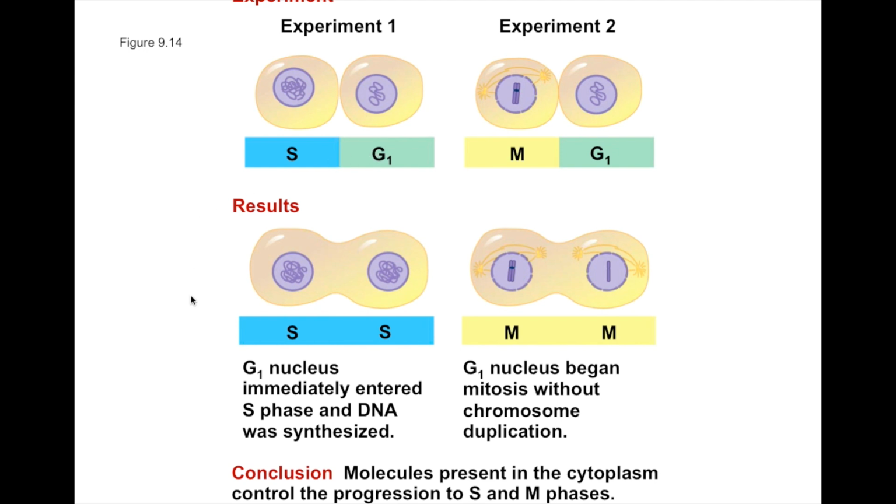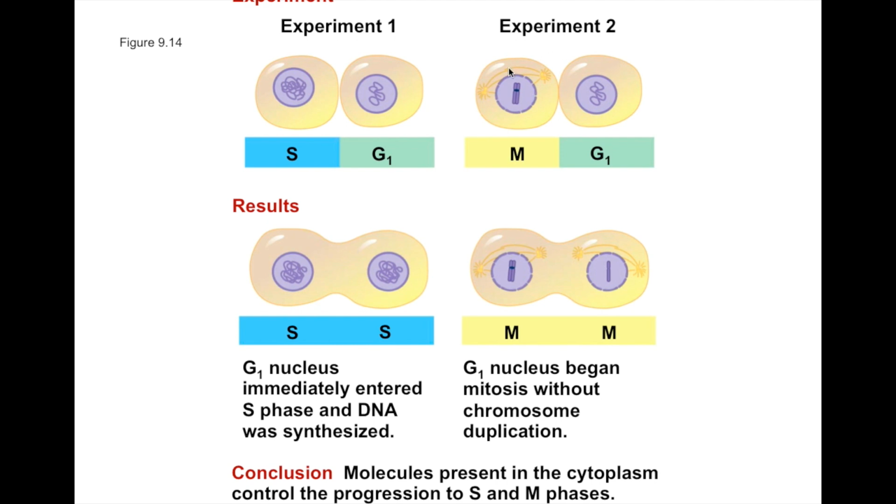And it turned out that the cell that was in S caused the second cell to also move into S before it was ready. So that tells us that there must have been some sort of chemical present in this cell that caused the cell to move into S. And the same thing happened with this one.